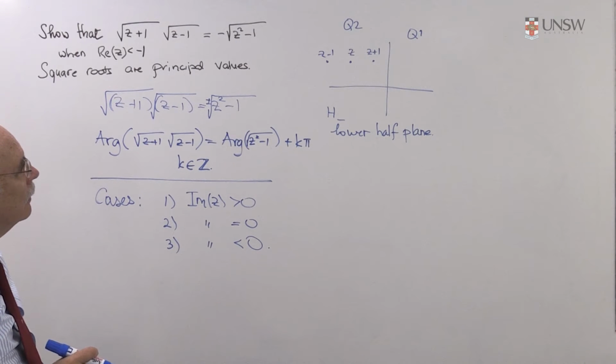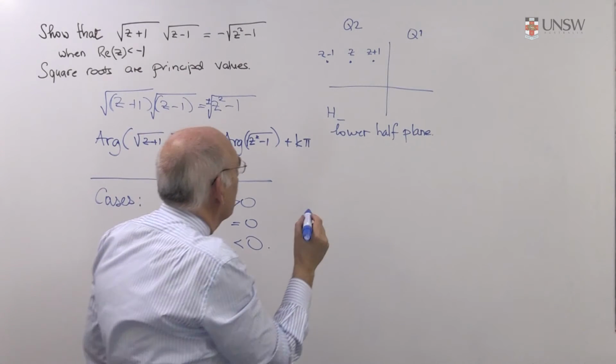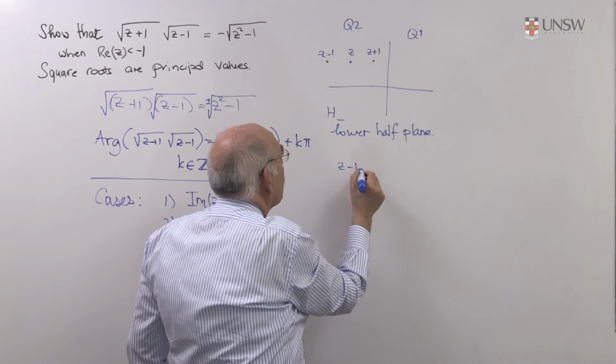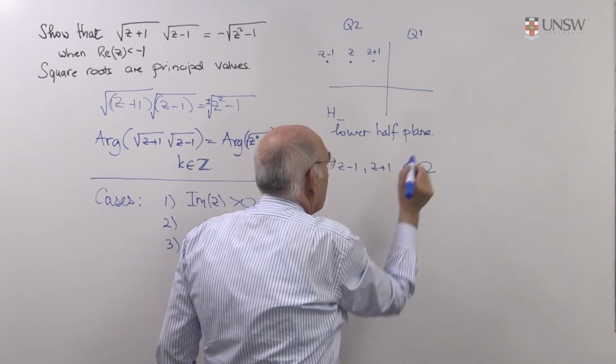So, observe that. We're looking first of all at these things here. The z minus 1 and z plus 1 are in the second quadrant.